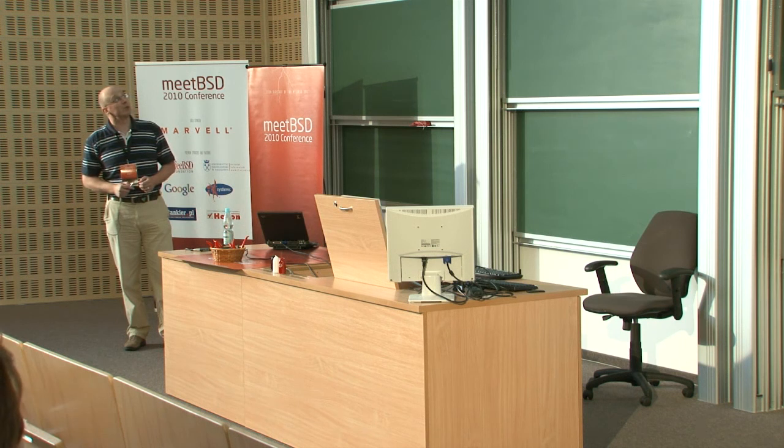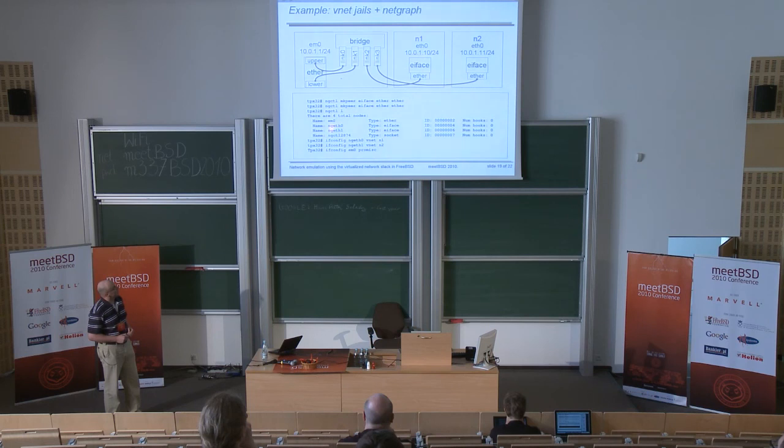We create two eiface nodes, which we can see here and here. And we ifconfig ng_ath0 to vnet n1 and ifconfig ng_ath1 to vnet n2, assigning those interfaces to jail n1 and jail n2.